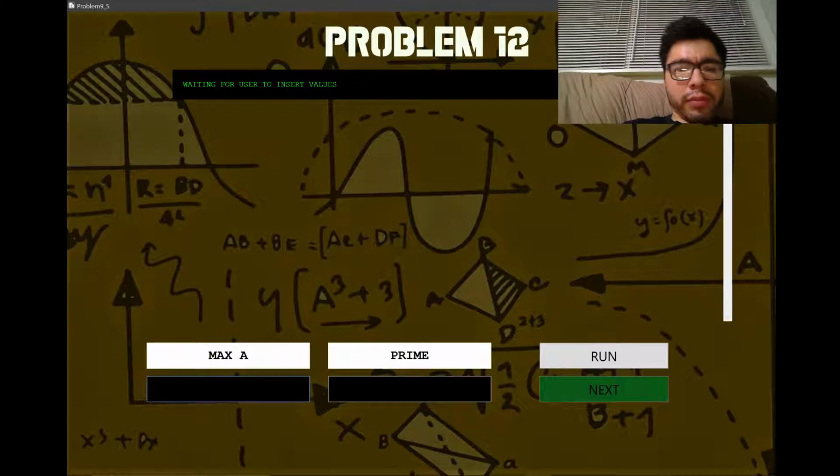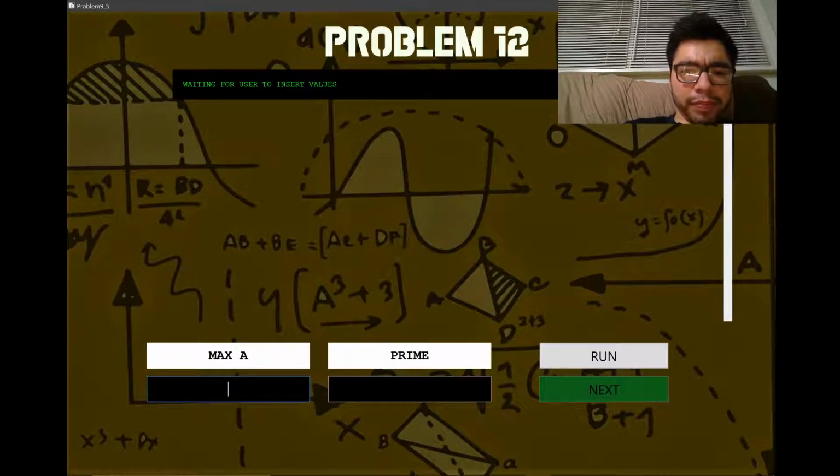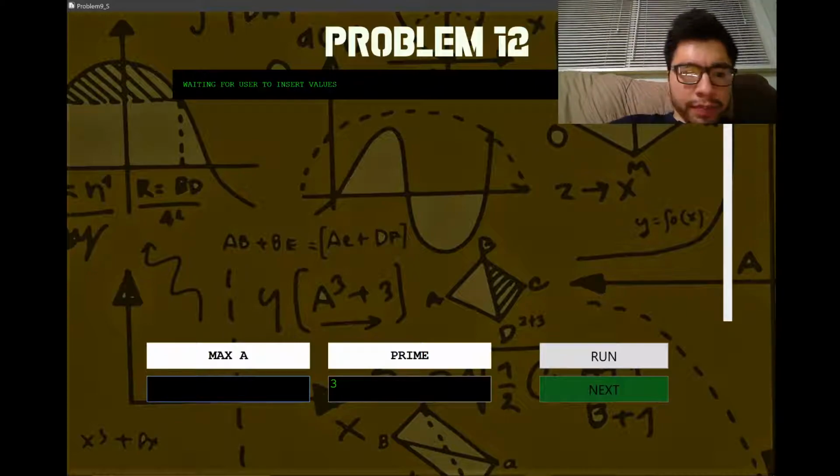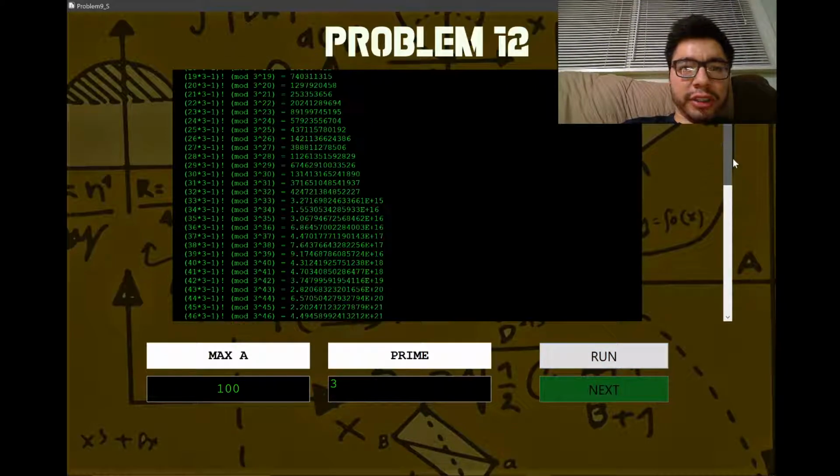For that, I'm going to use a lot of a values, and I can choose any prime number I want. So here I'm gonna write 100, and it's gonna show me all these crazy results.